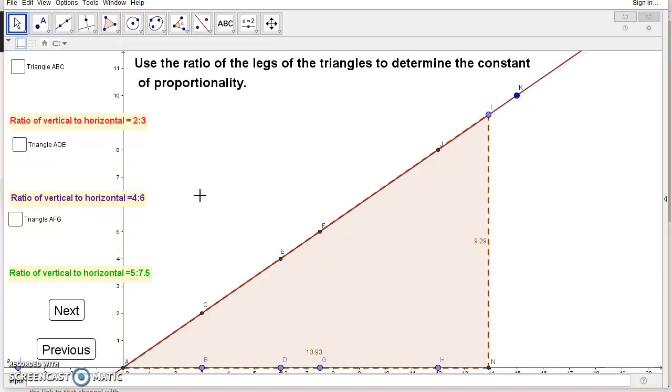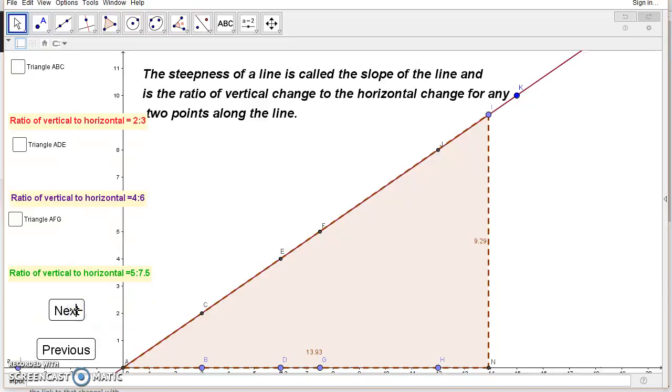Notice a lot of times in math, we use different words to mean the same thing. It says the steepness of a line is called the slope of the line, and is the ratio of vertical change to the horizontal change for any 2 points along the line.